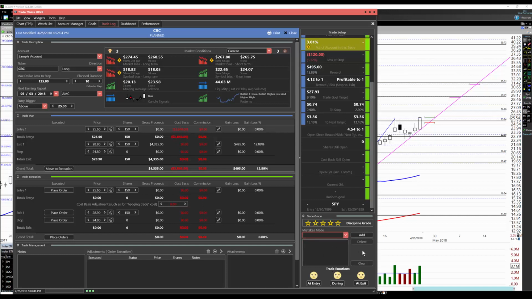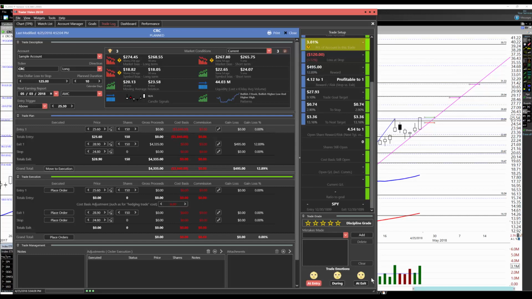And then the final piece is to record your emotions. And this is very simplistic at this point. We do it with emojis, but at time of entry, what are you feeling? You record that, and same thing during the trade. If you're making adjustments, record that so you can have your emotions recorded.